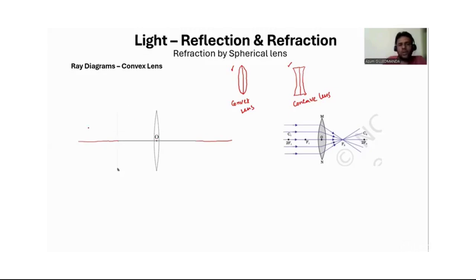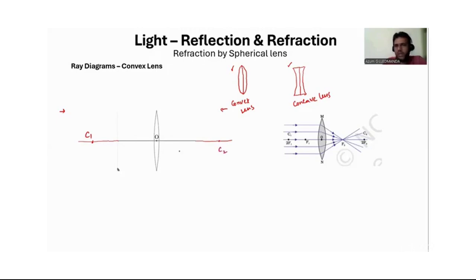If we look from this side, we have the curvature to this side. That means the center of curvature is somewhere here, that is called C1. And if you look from this side, the center of curvature is here, let's say that is C2.